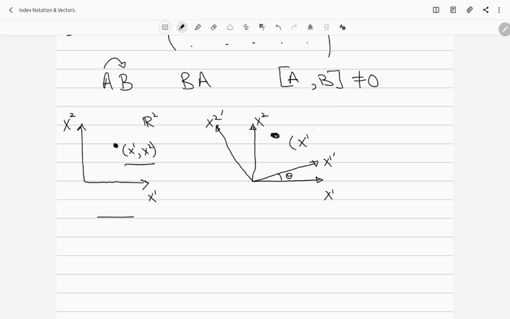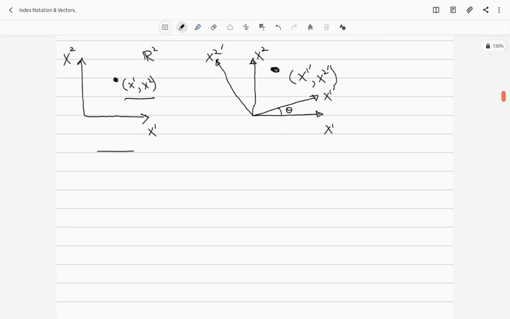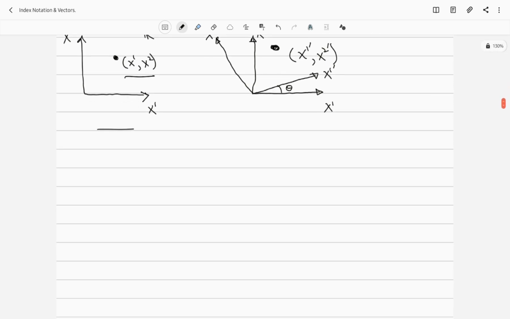Now it is defined by some other variables, x1 prime and x2 prime. What we would like to understand is the relation between x1 and x2 and x1 prime and x2 prime, and we already know that from previous videos.